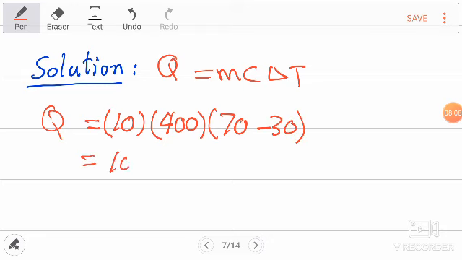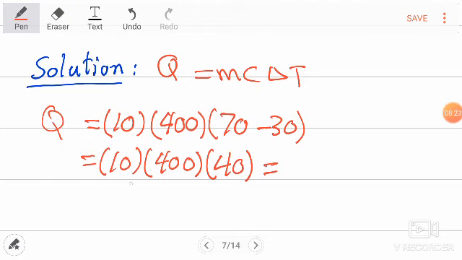So it will be 10 times 400 times 40, the difference in temperature, equals 160,000 joule. Okay, clear? Okay.